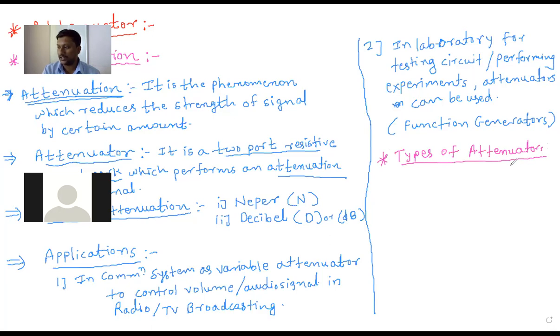Based on the structure, we can classify into four types. First one is T type. Second one is pi type. Third one is L type. And last one is lattice.